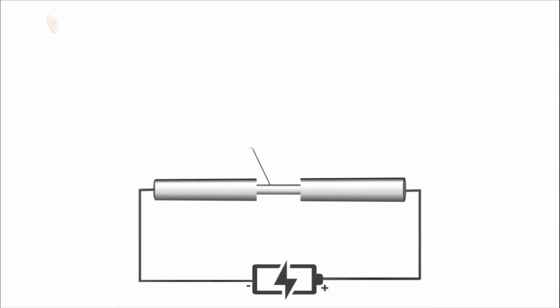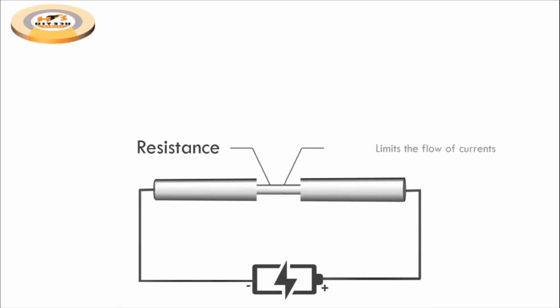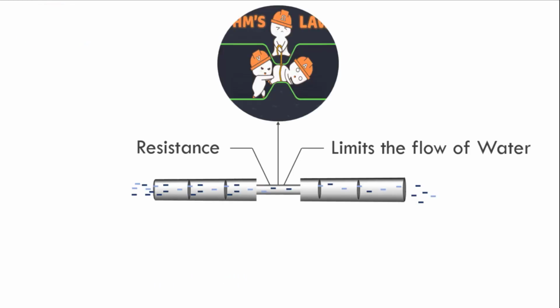To understand this, let us consider one pipe through which water is flowing. Now break that pipe into two parts and put one small pipe connecting both pipes. Small in the sense that its cross sectional area is reduced, meaning its diameter is reduced.